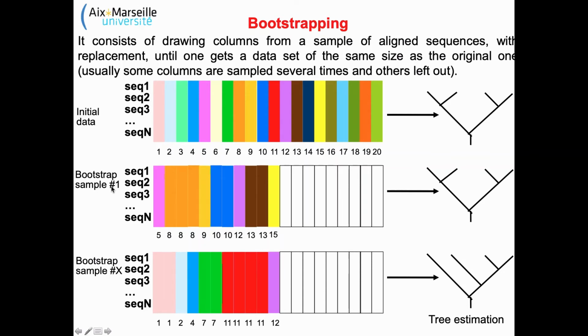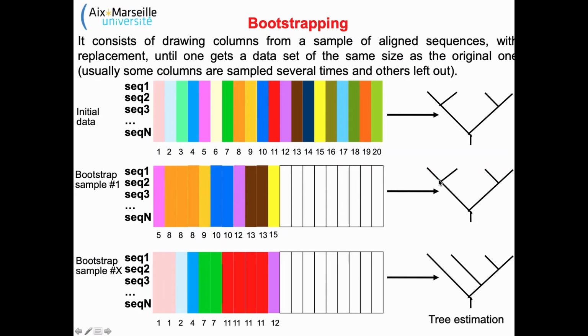So you will have sample 1, sample 2, sample 3 alignments, until sample 100 or 1000. From each alignment that has been sampled from your initial alignment, you will construct another tree. So imagine that you have 100 more trees based on your bootstrap samples here.